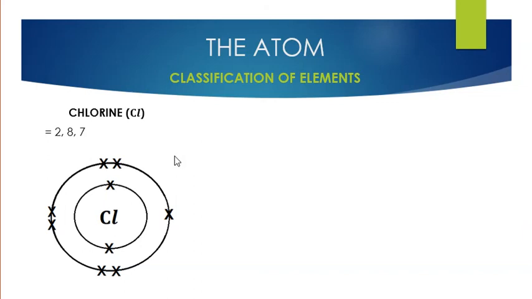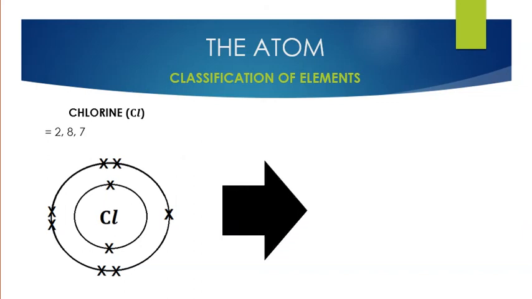So when chlorine undergoes ionization, we will see that it gains electrons so that the octet rule is satisfied. There are 7 electrons in the outermost shell. So for the octet rule to be satisfied, we need one more. Right? Yeah.